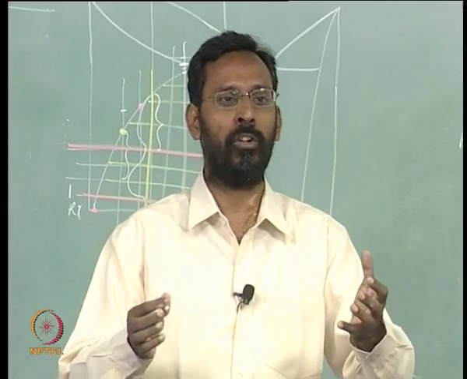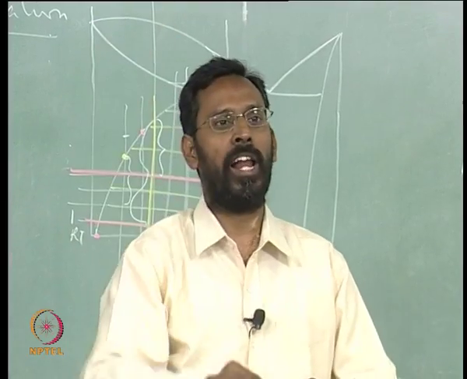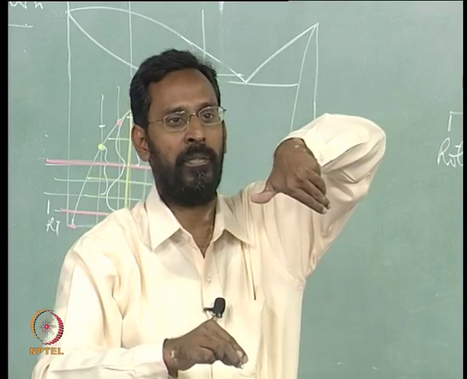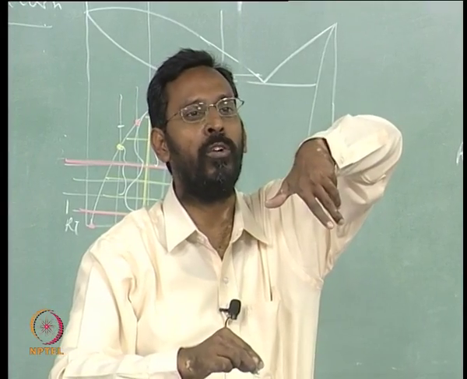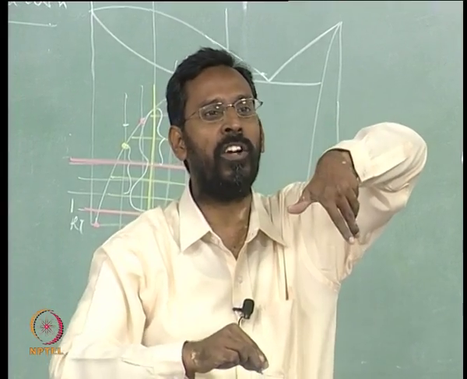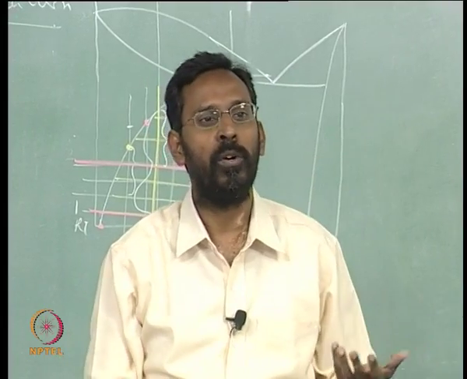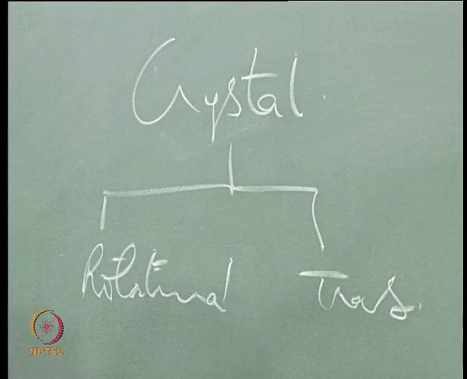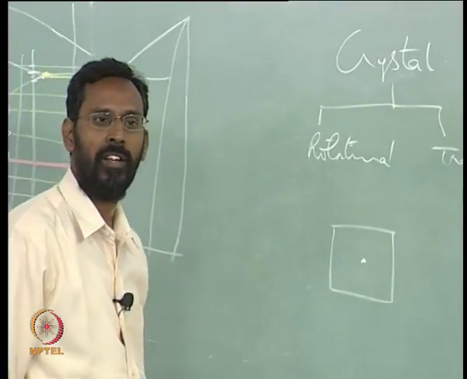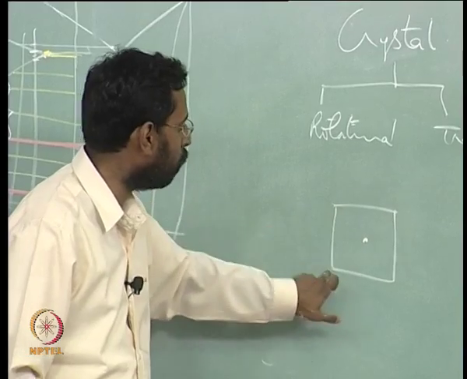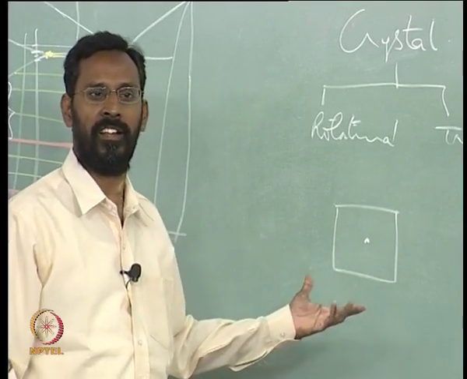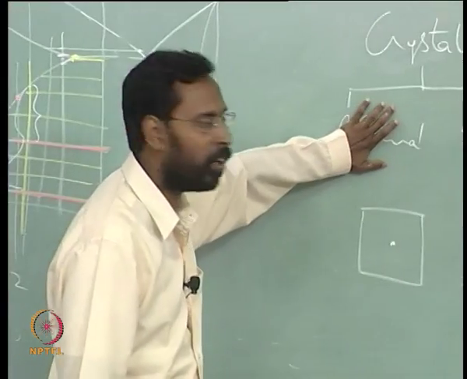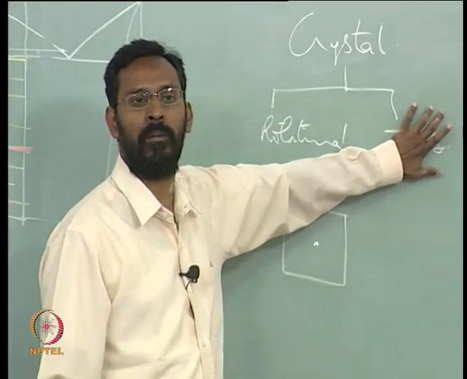No new spots are generated. For example, if you take a cube and rotate along an axis, a z axis let us say, by 90 degrees, the new positions that you are creating, you are not going to differentiate from the old positions. Take any square and rotate around this; you will see this spot goes here, this spot goes here, 90 degrees, and that is what we talk about as rotational symmetry. A quasicrystal has rotational symmetry but does not have translation symmetry.